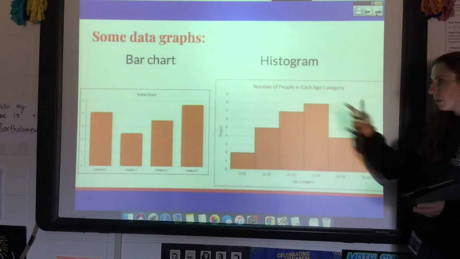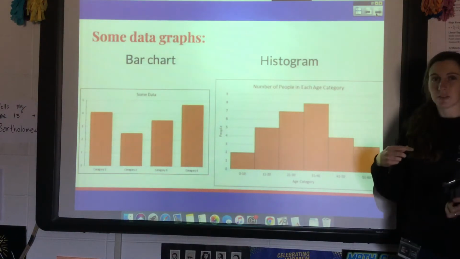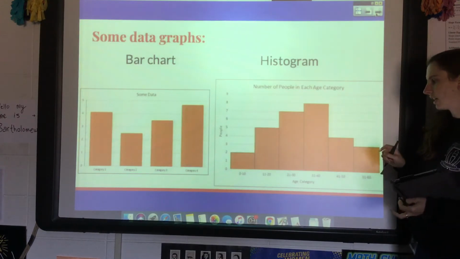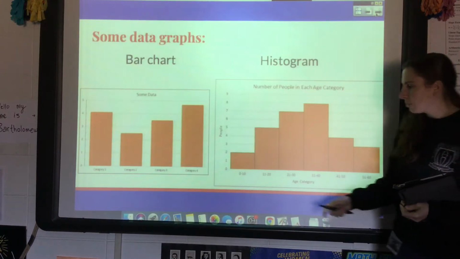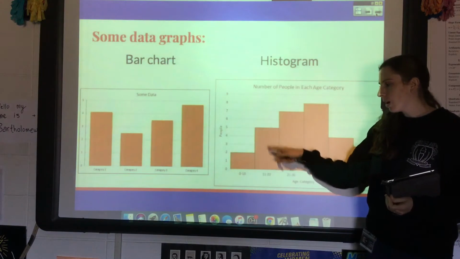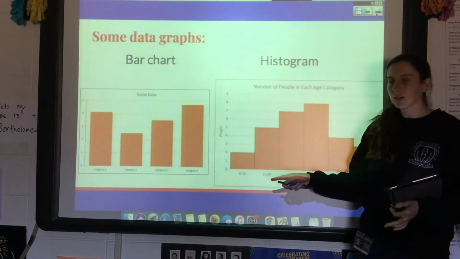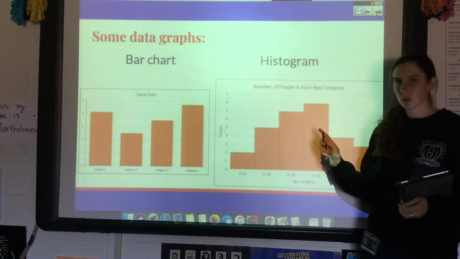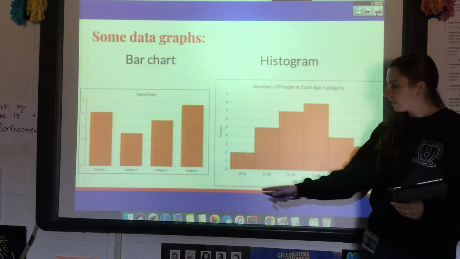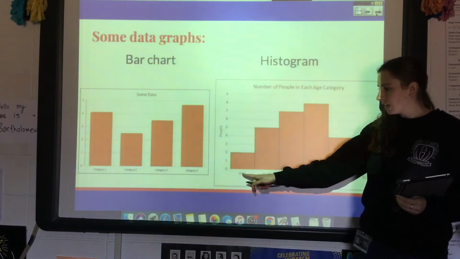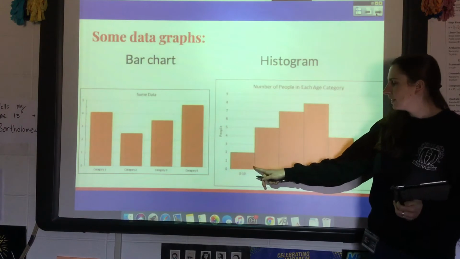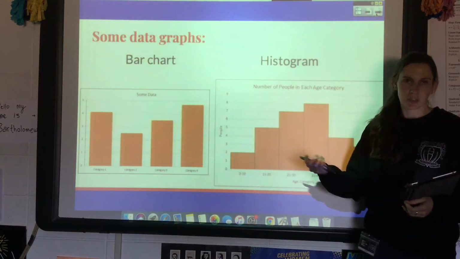All right, bar graphs and histograms look very similar, but they're actually different. Histograms, basically what you do is you come up with these bars, but each bar represents an interval. And we'll talk more about histograms in the next video. But basically, like if you have from 0 to 10, there are 2 people from 0 to 10.